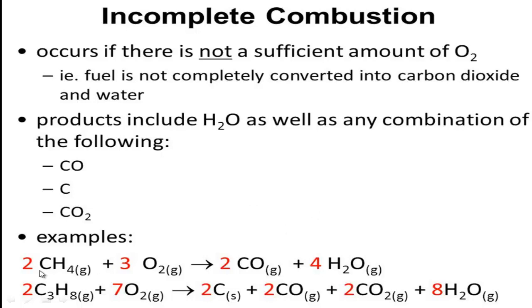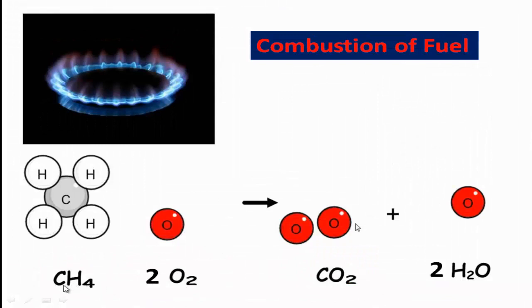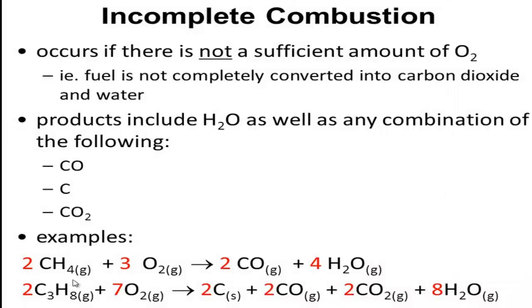Follow here. In our previous slide we have seen, for complete combustion of 1 mole methane, 2 moles oxygen are needed. But for complete combustion of 2 moles methane, according to the ratio, 4 moles oxygen are needed, isn't it?